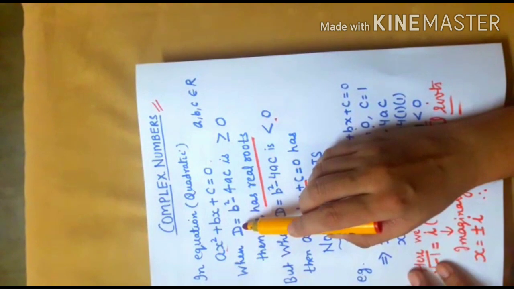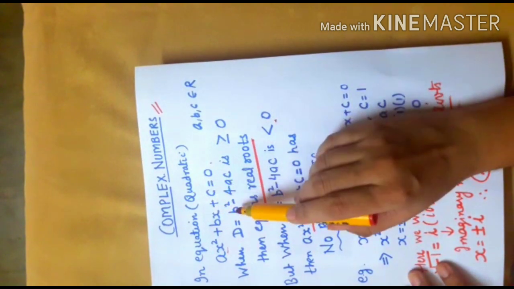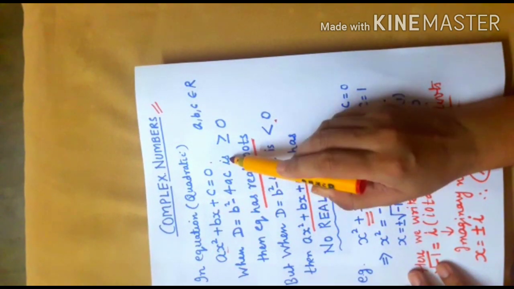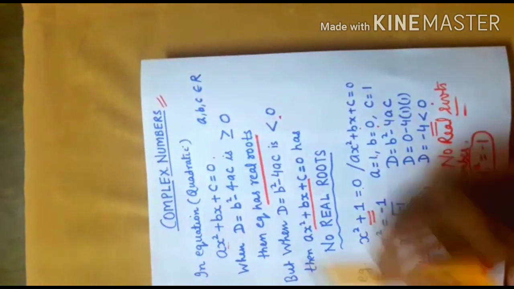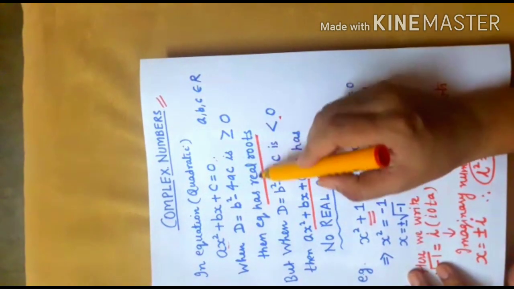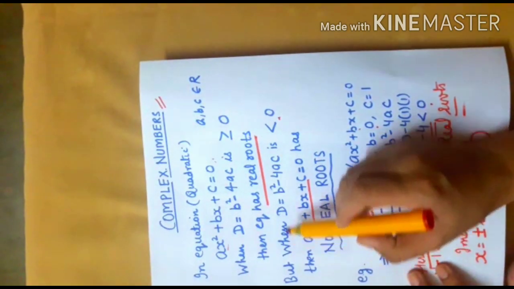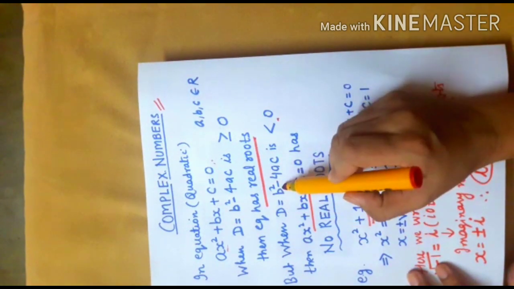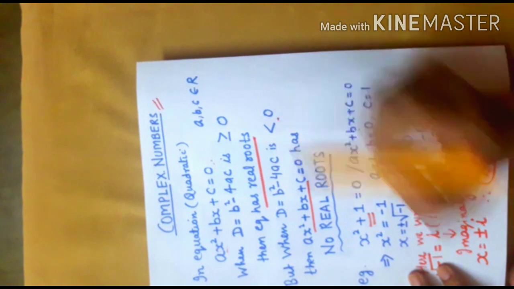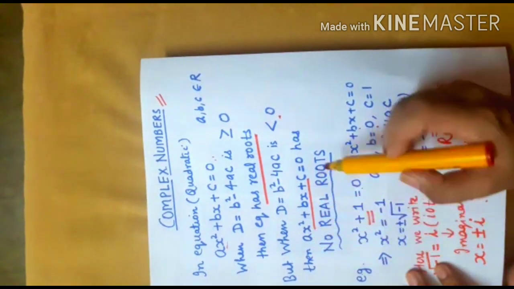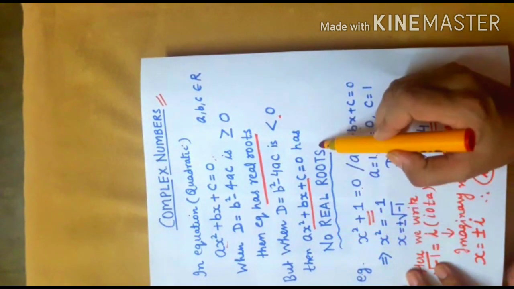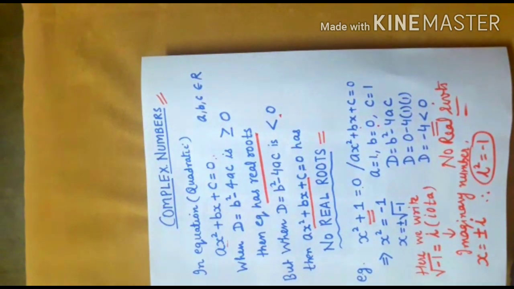You learnt that when discriminant of this equation, that is b square minus 4ac, is greater than equal to 0, then this equation has real roots. But when discriminant b square minus 4ac is less than 0, then this equation has no real roots.